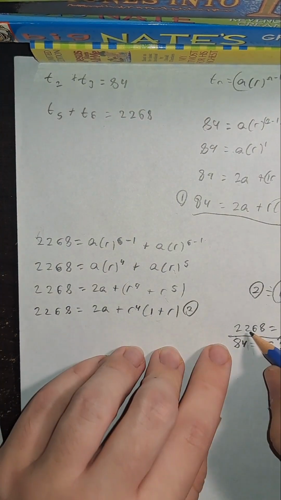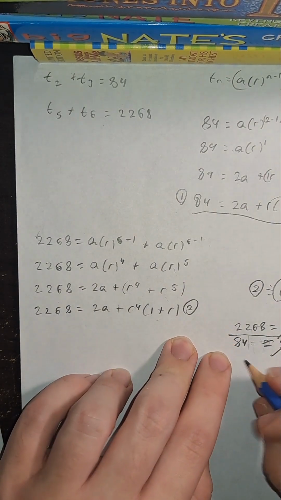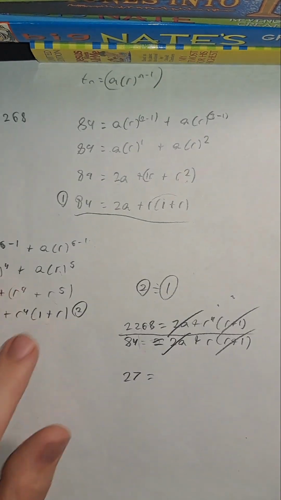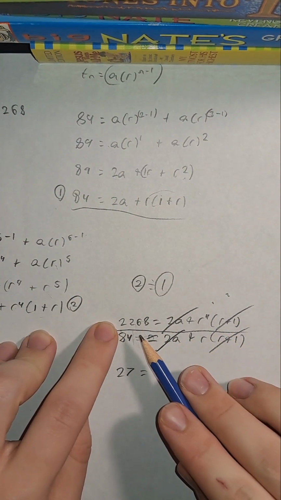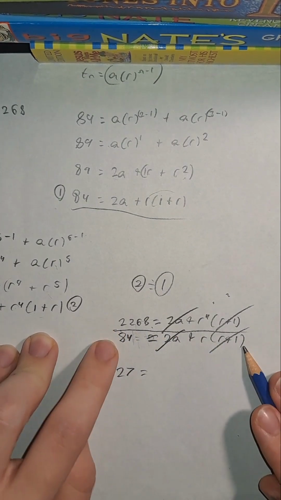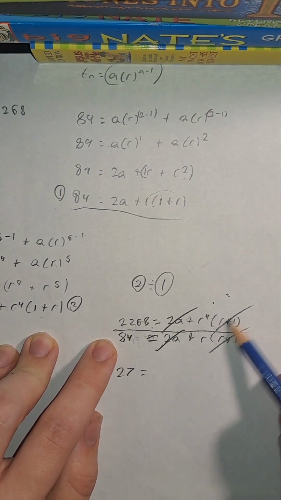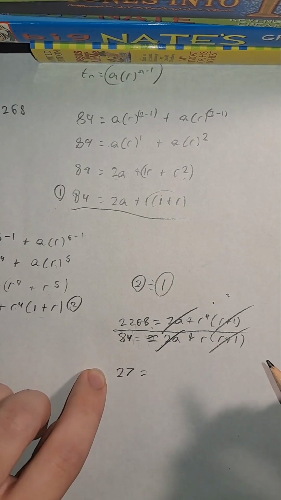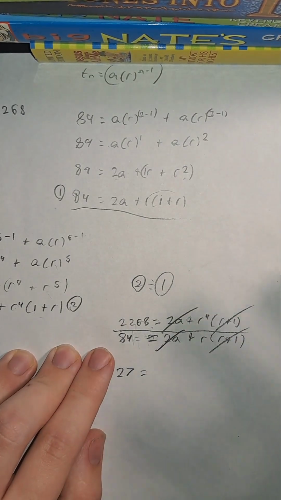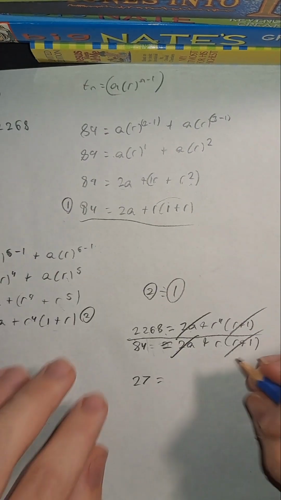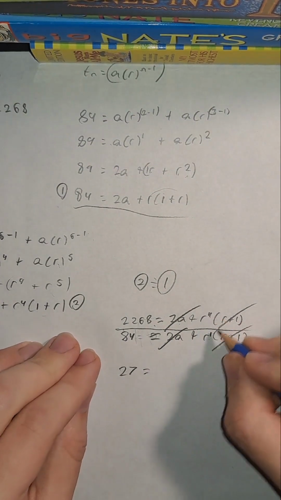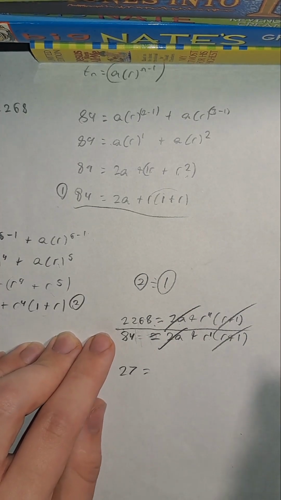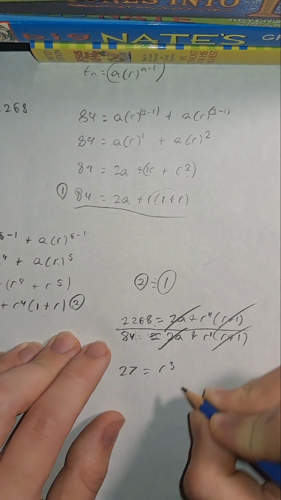Now we're dividing, so 2268 divided by 84 is just going to be 27. Nice, simple, easy number to work with. So basically what I did was write out my equations on top of each other, and anything that's the same, we can cancel out. So this divided by this is 27, and using our exponent laws, r to the 4 divided by r to the 1 is r to the 4 minus 1, because division is subtraction of the exponents, which gets us r to the 3rd power.